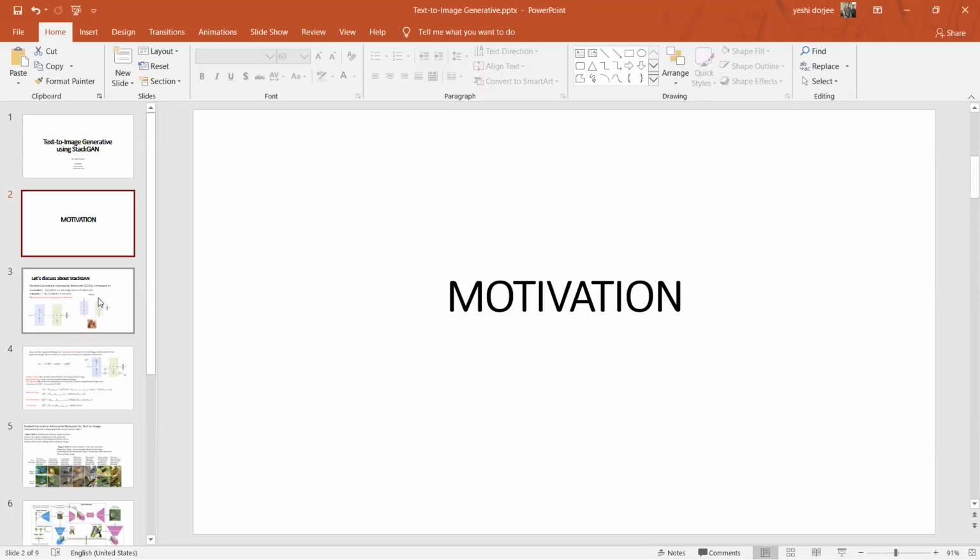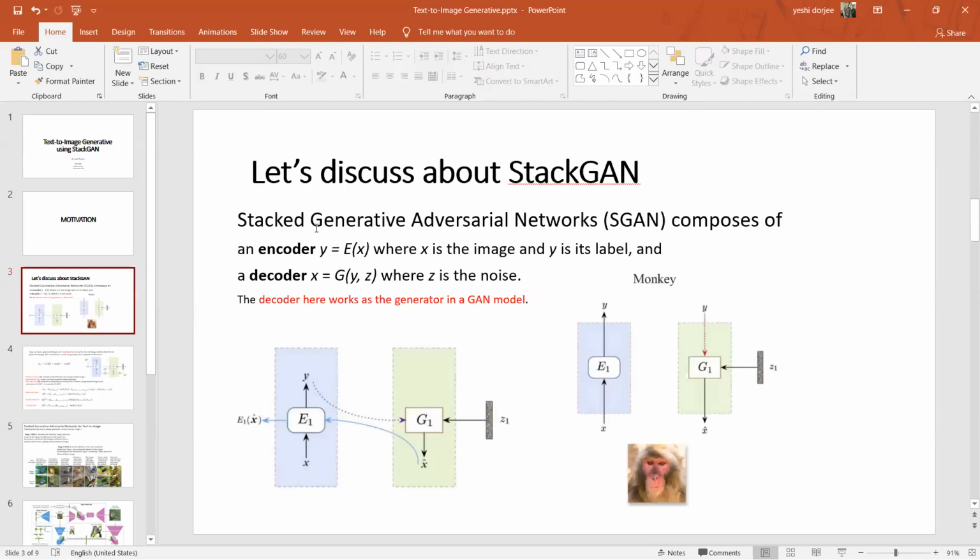Before going to text to image generation, let's discuss AttnGAN, because the main concept used here is the AttnGAN. It has two different components, like an encoder and a decoder, where the decoder is used as the generator. The generator generates some image.